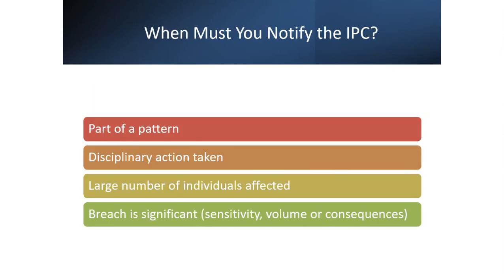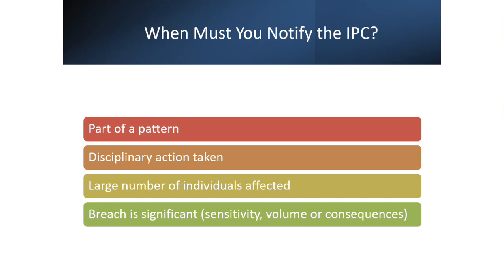So when must you notify the IPC? We just discussed this, but in more detail, if the breach is part of a pattern of similar breaches. So let's say you don't have to notify the IPC if you leave a piece of paper on a printer. It happens. People make mistakes. It is what it is, right?